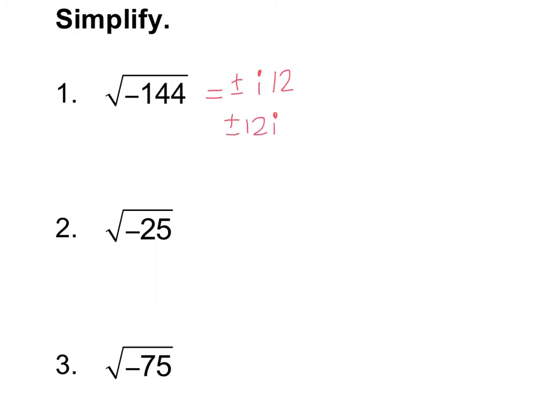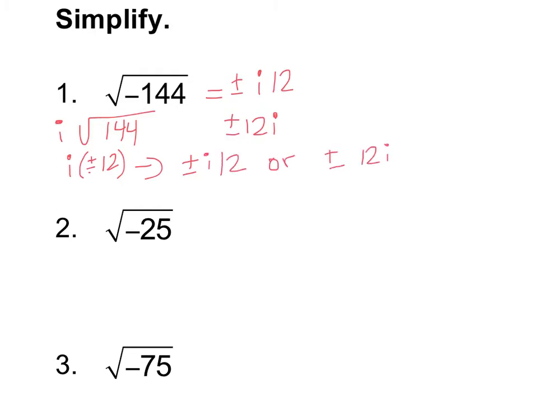So you show that it's i times the square root of 144, and this could be plus or minus 12, and you can write this as plus or minus i12 or plus or minus 12i. This is what we do if you have a perfect square like 144. And as you can see, the second example is also a perfect square. Every time you have a negative under the radical, you can replace it with an i.